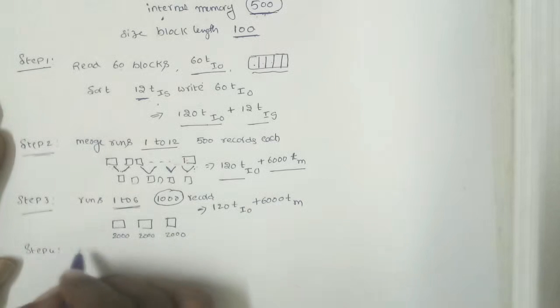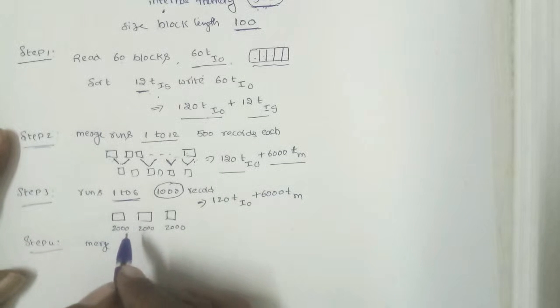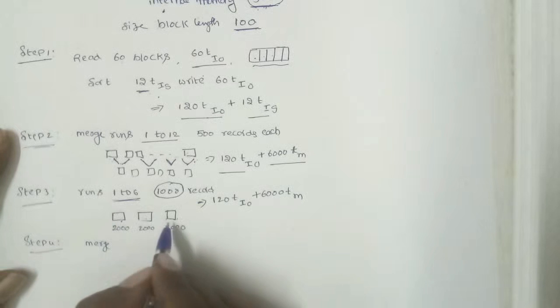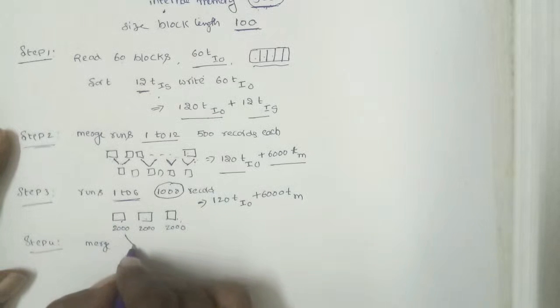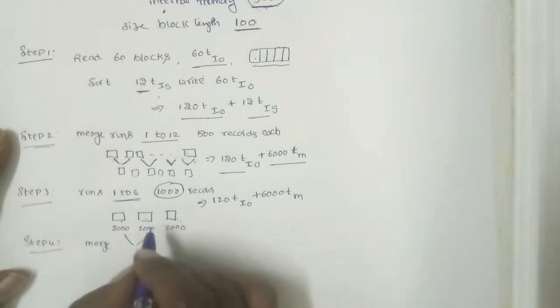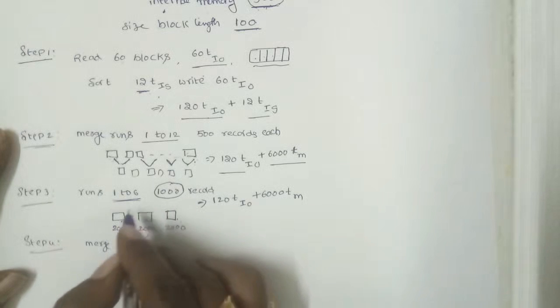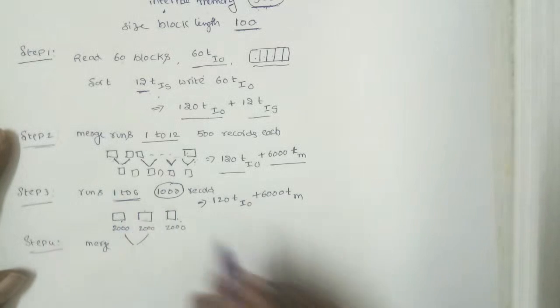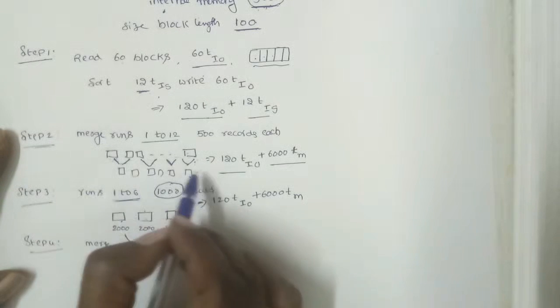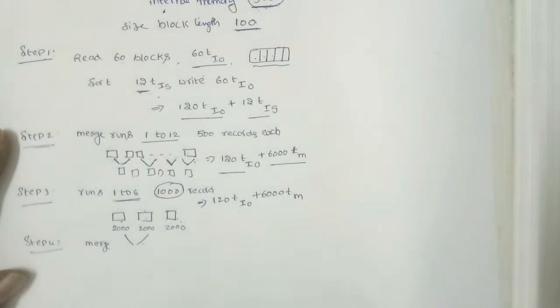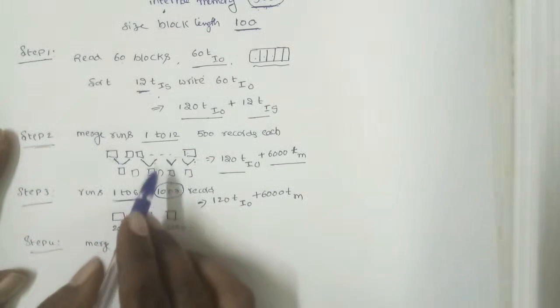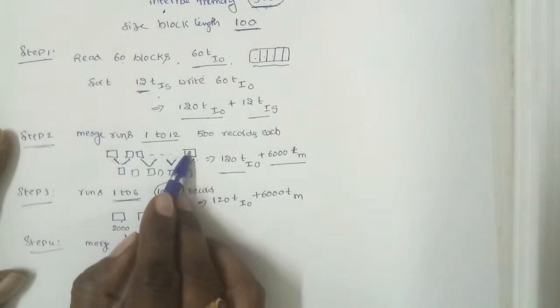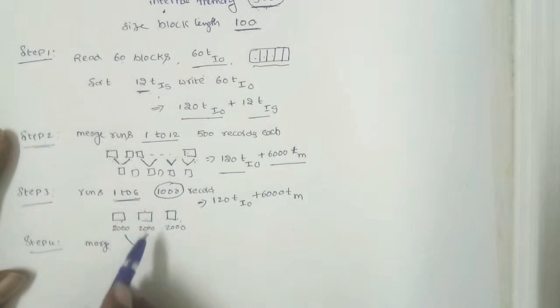Now step 4, merge. Here this is a two-way merge. We can merge only 2 runs. Suppose I am merging only these 2. That means I am reading only this information and writing only that information. You got my point? That is the reason I am representing it step by step in a diagrammatical format. So 12, I am reading a total of 12. I am reading a total of 6. I am reading a total of 3.